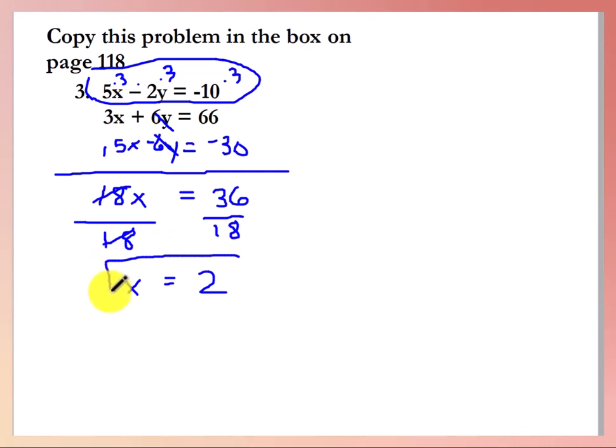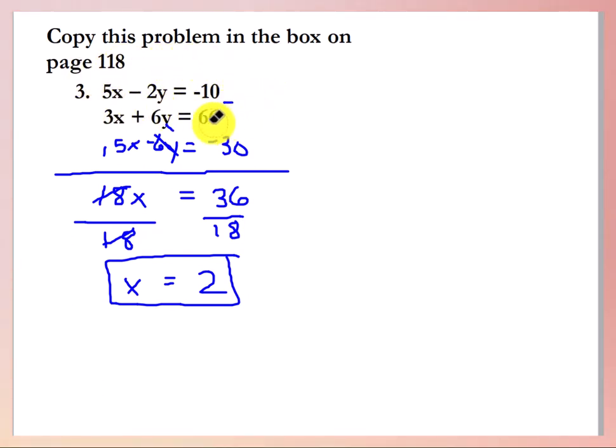So now we have our solution for x. Let's plug it back into either equation. So let me erase my work up here. You should have it written down in your book. And choose either equation to plug in x. I'll go ahead and plug it into the first equation.